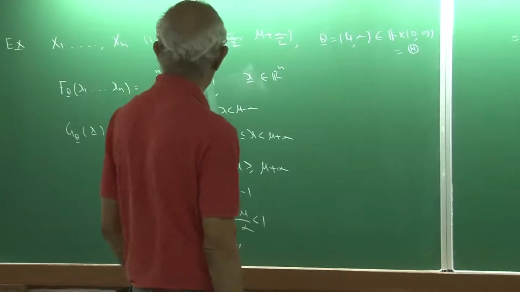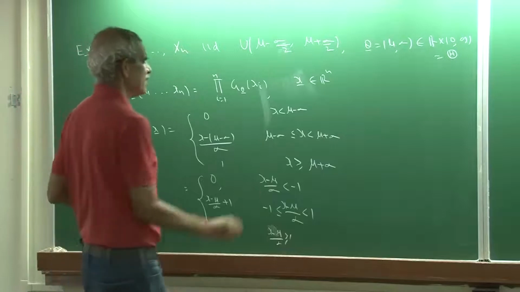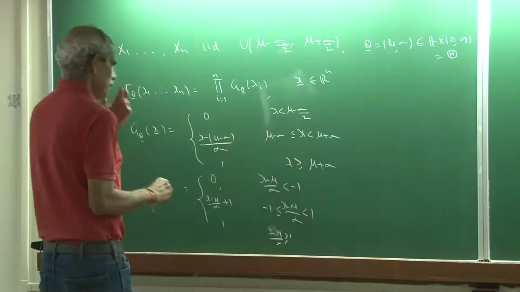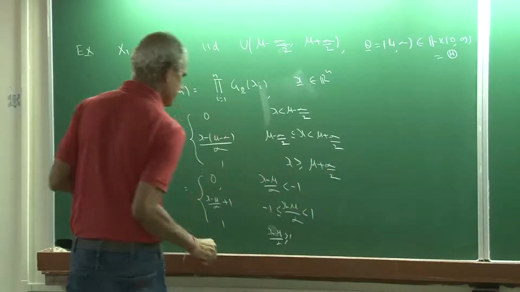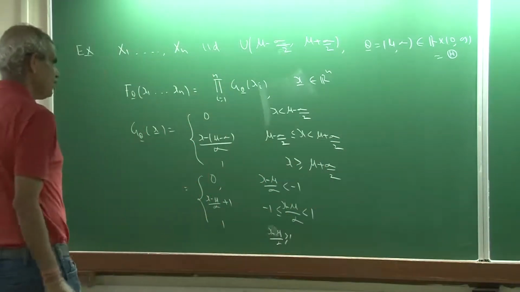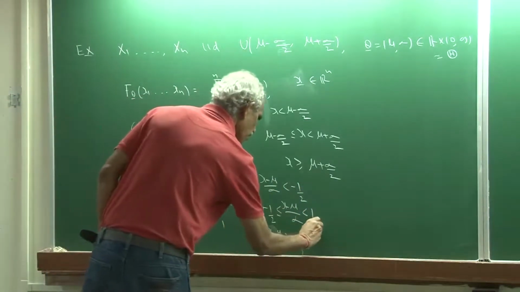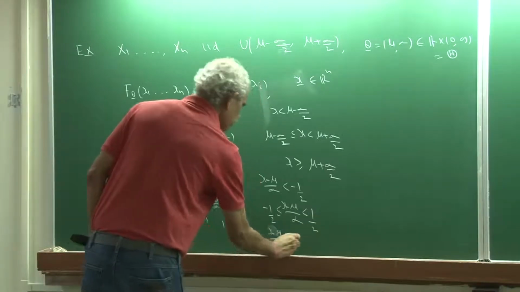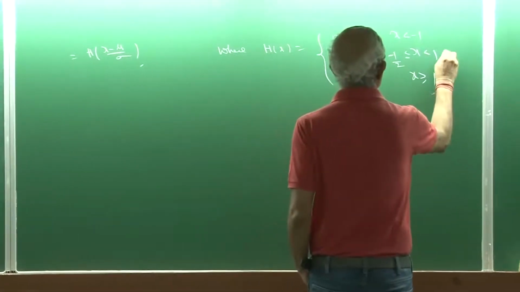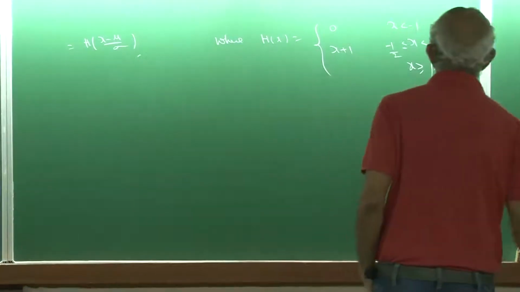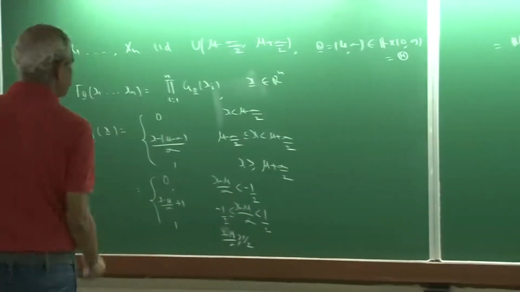Is there some problem over here? Let me just check. Because I have made it sigma by 2, this would be x minus mu by sigma less than minus half, then minus half to half, then greater than half. So it would be x between minus half to half. Am I making somewhere some mistake?